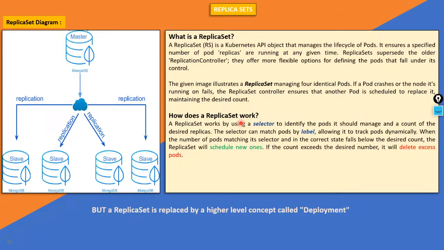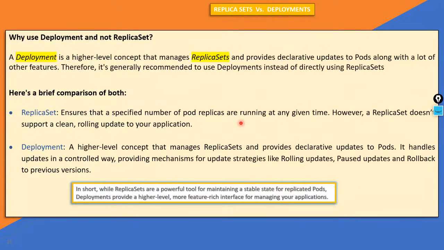But we come to this next slide. So why do we use deployment and not the replica set? Because a deployment is a higher level concept that manages replica sets and provides declarative updates to the pods, along with a lot of other features. This deployment is a new thing that has come after Kubernetes version 17.